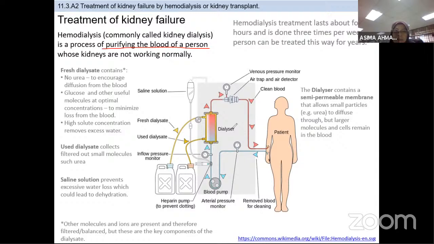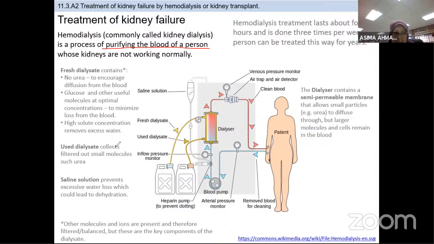And then next is used dialysate. So meaning after exchange of materials happens here, excess water will be removed, and then urea also removed, but then useful substances remain in the patient's blood, and also their blood cells, everything, larger molecules all remain inside of their blood. And used dialysate, meaning that this dialysate now collects all of the waste, including the urea.